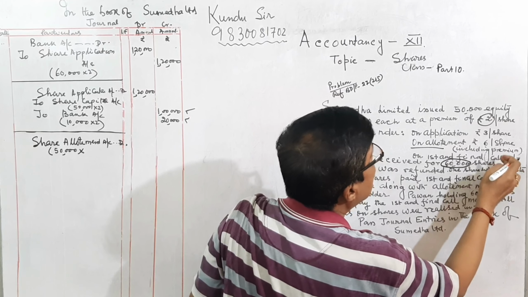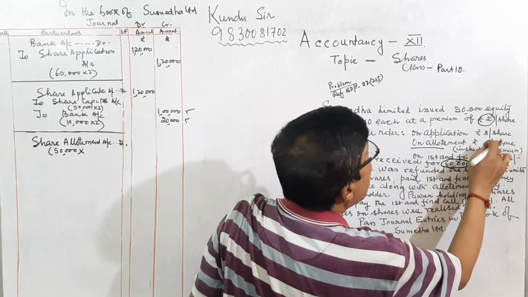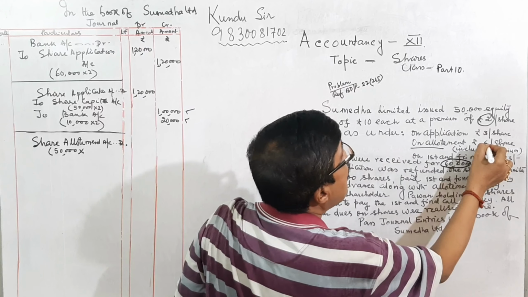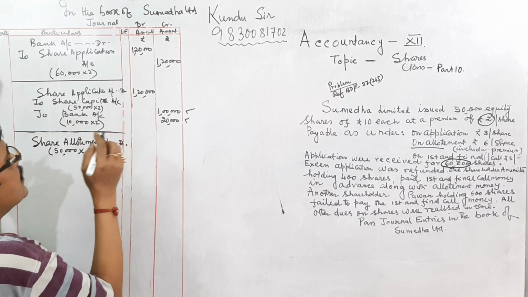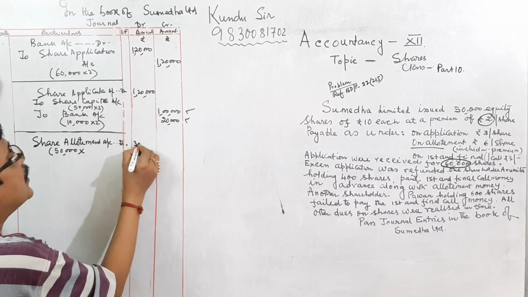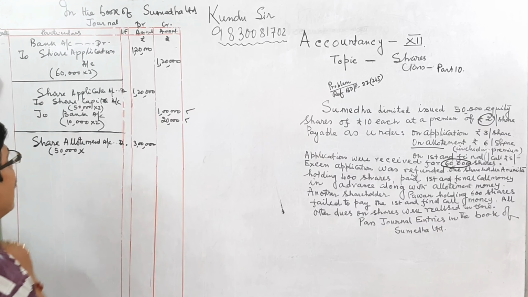Including premium means 4 plus 2, equal to 6. That is 50,000 into 6, equal to 3 lakh.